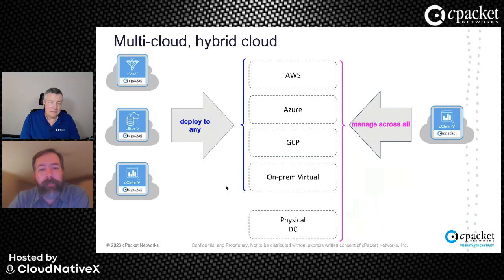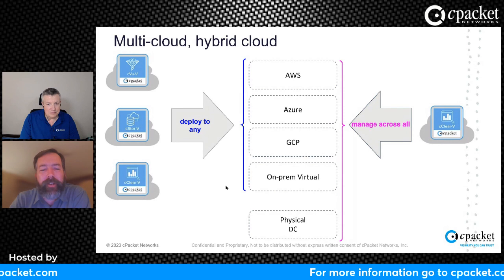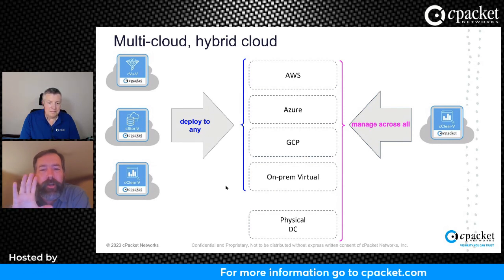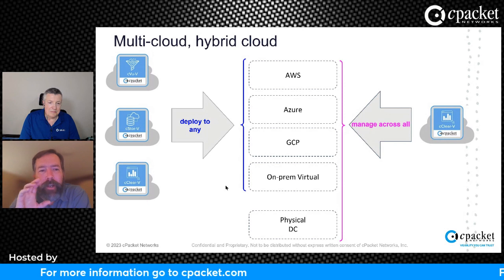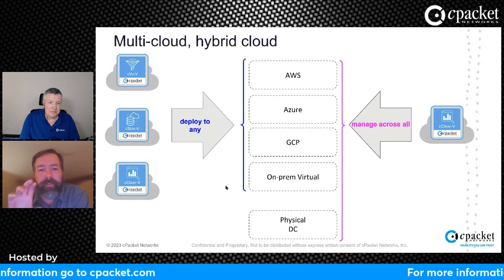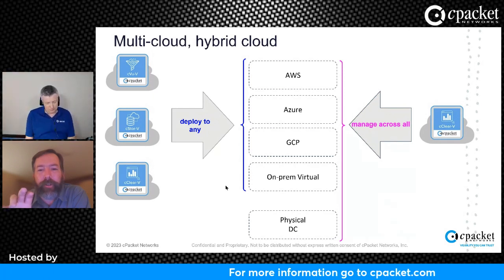We have a packet broker, which is all about acquiring and distributing streams of packets. We have a packet capture and analytics appliance. That's the C-Store on the left there. And then we have this thing called C-Clear V that is our single pane of glass that handles management and analytics. So the point I'm trying to make here that should be pretty obvious is that our products deploy across a variety of clouds and on-prem virtual environments.